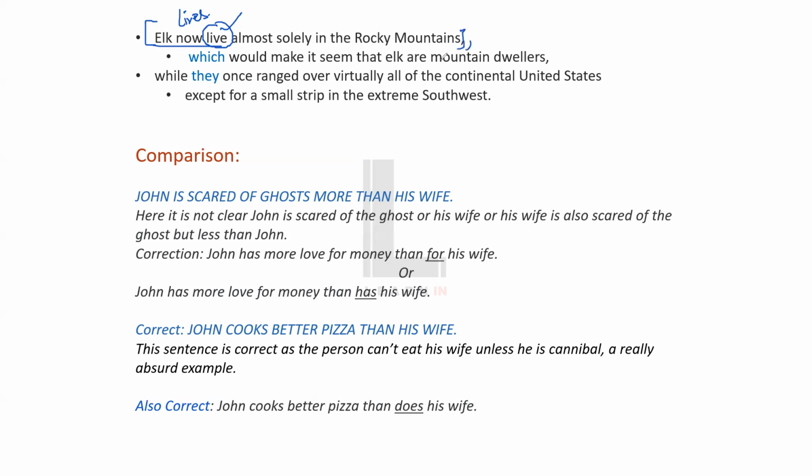I have taken it to the comma. Now, what does "which" refer to? Yes, mountains. Good. So "which" would refer to the mountains, right? Okay. "Would make it seem." What does this "it" refer to?